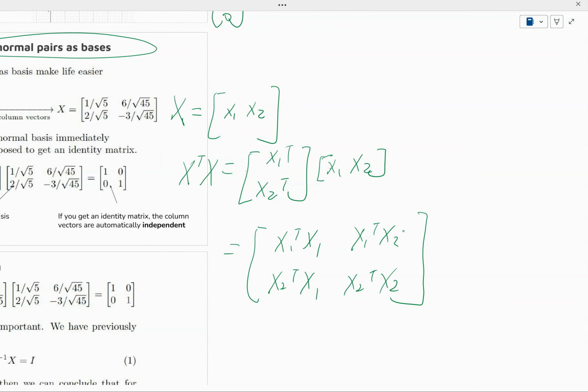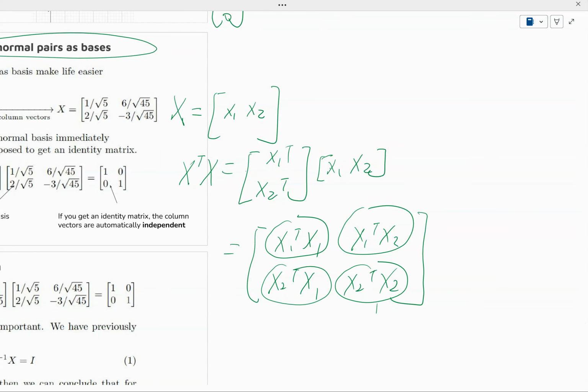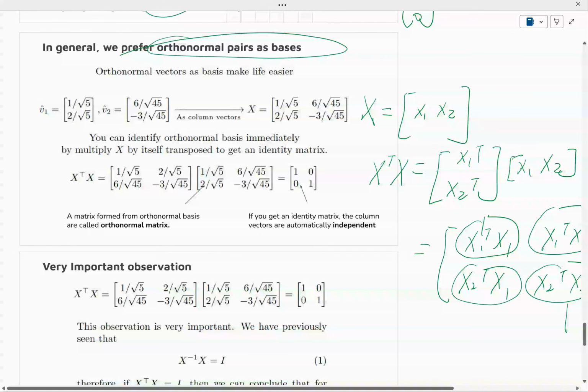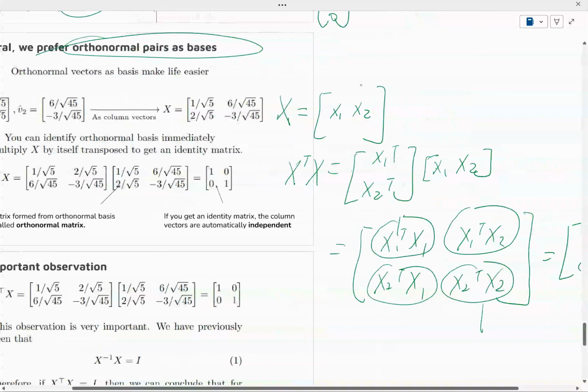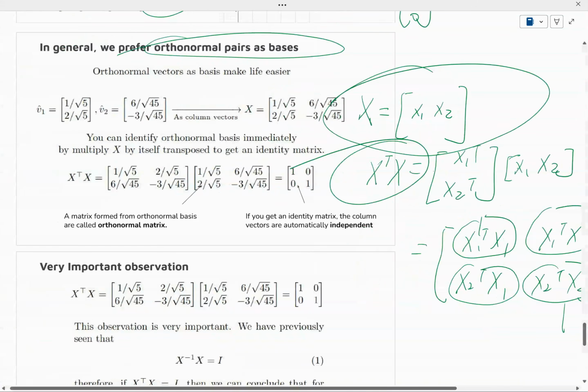Since they're orthogonal to each other, the off-diagonal terms would be 0. Remember, when two vectors are orthogonal, the dot product is 0. And if they're orthonormal, when you multiply a vector by itself, the length is just 1. That's why you end up with an identity matrix. So the way you can test if a set of bases are orthonormal is you stack them and then multiply them together. And if the result is the identity, then you have an orthonormal basis.